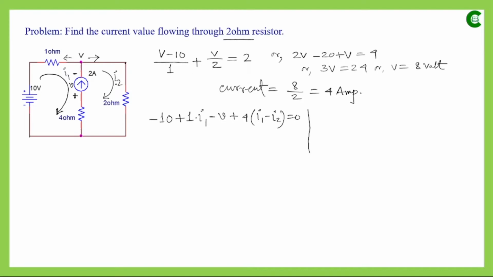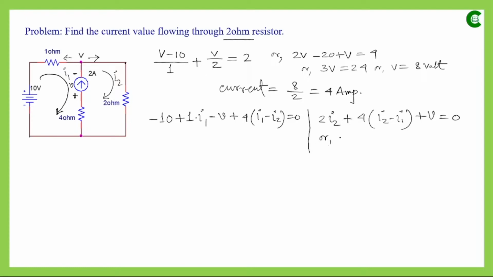We are going by the direction of this current, so it will be 2I2 plus the voltage drop across this 4 ohm resistor. So with respect to the second loop, it will be 4, and then the net current, which is I2 minus I1, and then the voltage drop across this current source, which is plus V, and that will be equal to 0. So this is our second equation.